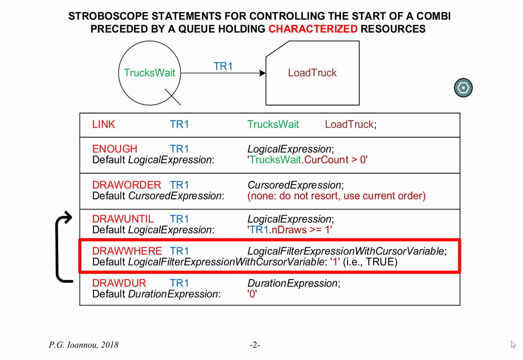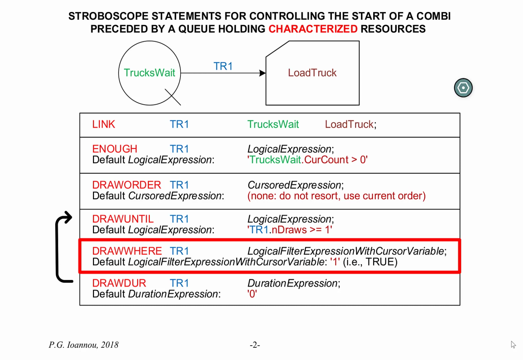The draw where statement determines which resources link TR1 is allowed to draw from the preceding queue truck's weight. Link TR1 will cursor the resources in truck's weight, starting with the resource at the front of the queue, and apply the logical filter expression with cursor variable to that resource.